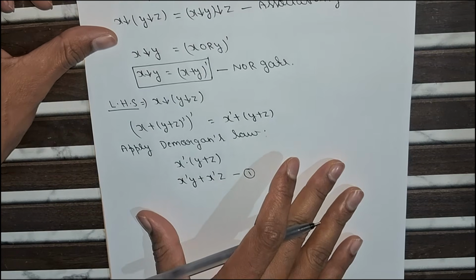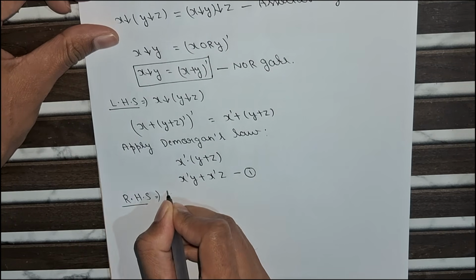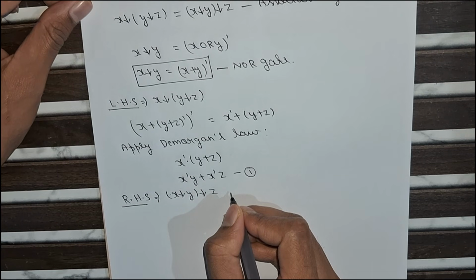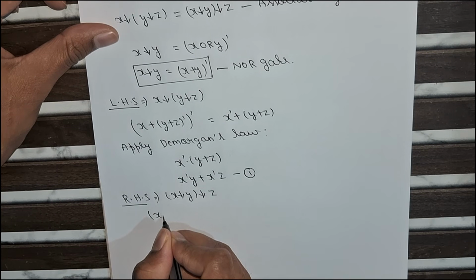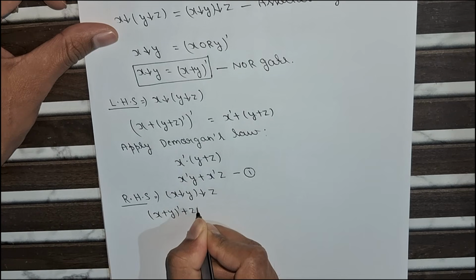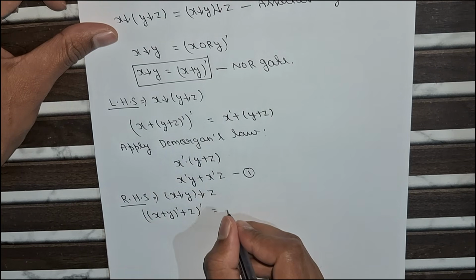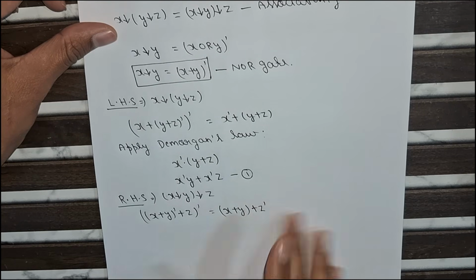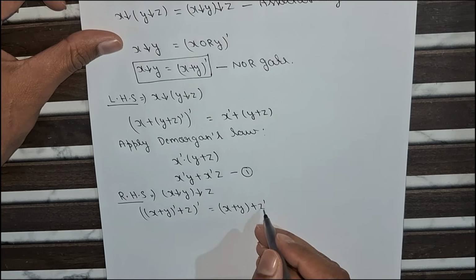Like this we will do for the right hand side. So RHS, we are now taking x NOR (y NOR z). By the definition of the NOR gate property, we can write it as (x + (y + z)')'. By the same thing we have done here, we can write it like (x + y + z')... the complement will be neutralized, and here there is no complement, that's why z complement here.